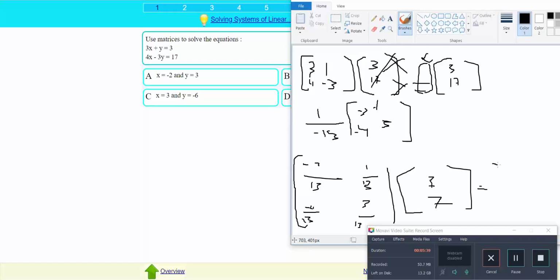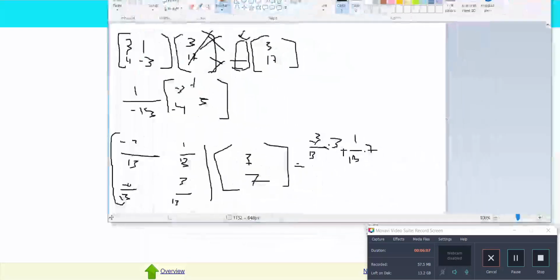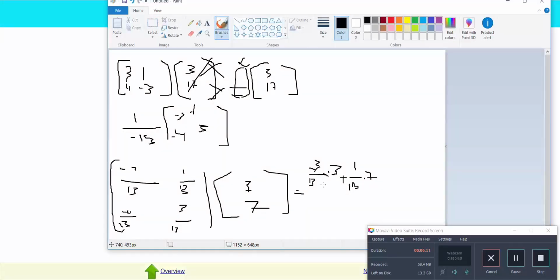So it's negative 3 out of 13 multiplied by 3, plus 1 over 13 multiplied by 7. This would be the value here, and we'll do the same for this value here.